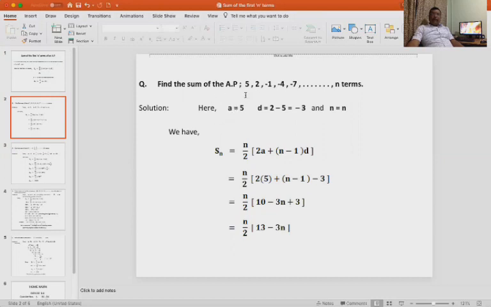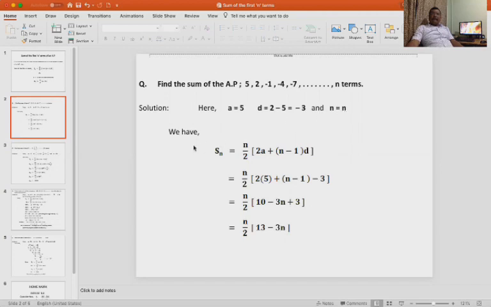Since your first term a is 5, we write here 5, and d, as usual, is the second term minus the first term, so we have 2 minus 5 equal to minus 3, and since we have to sum to n terms, n here is n.